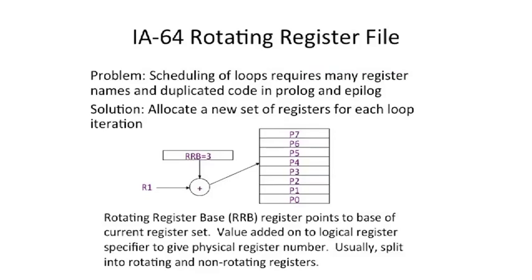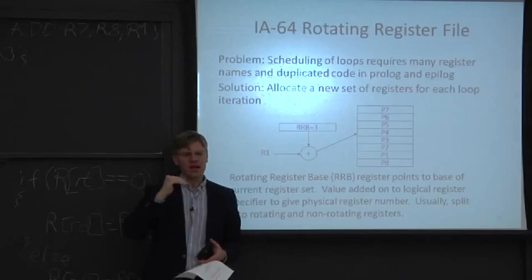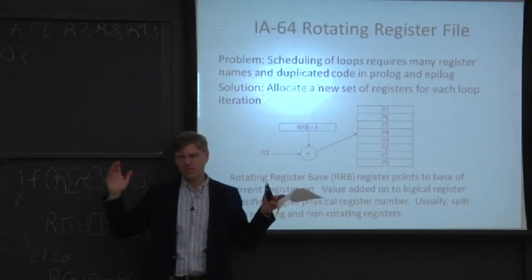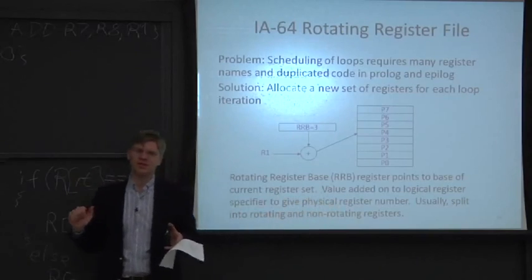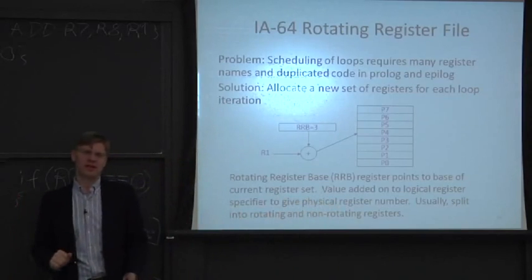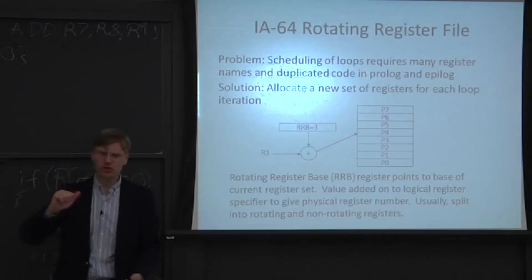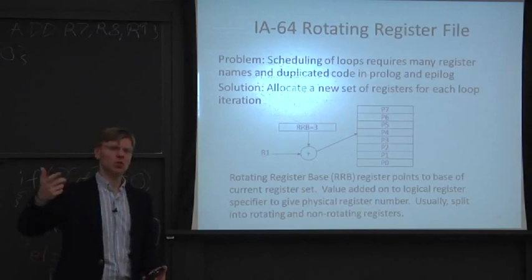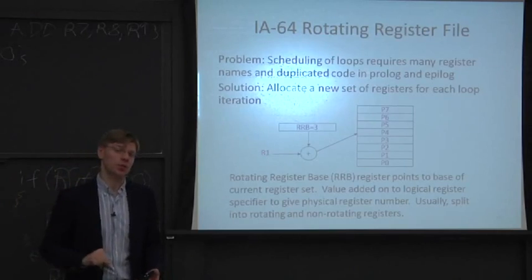The problem this is trying to solve is in a code sequence, as we saw in last lecture. If you have a very long instruction word scheduled piece of code, and you want to get good performance, you're going to have to unroll the loop, and then you have to software pipeline the loop.